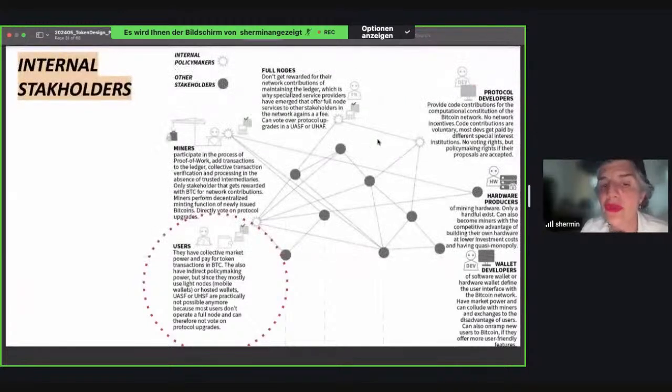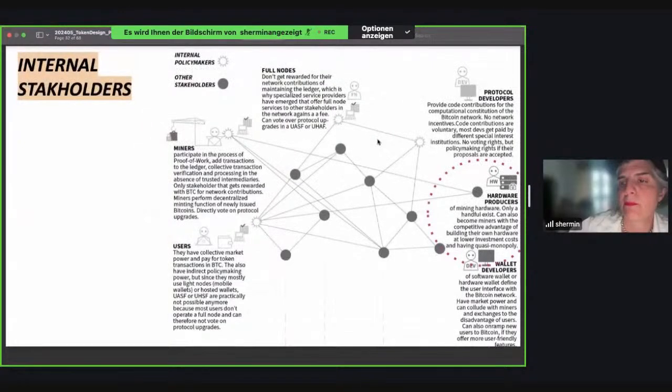Then we have the users. Users are usually those who only own Bitcoins. They might have a light node or a full node, or even maybe operate a mining node, but they basically own Bitcoins, and they manage their Bitcoins in their wallet, and they might send Bitcoins over the network.